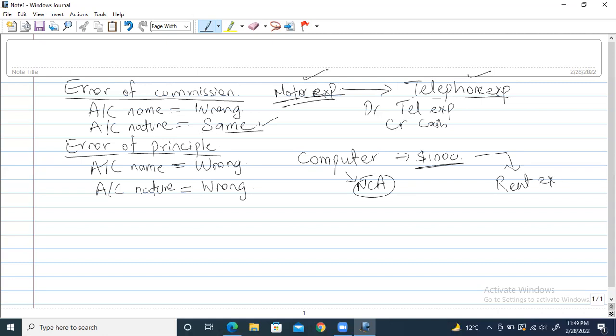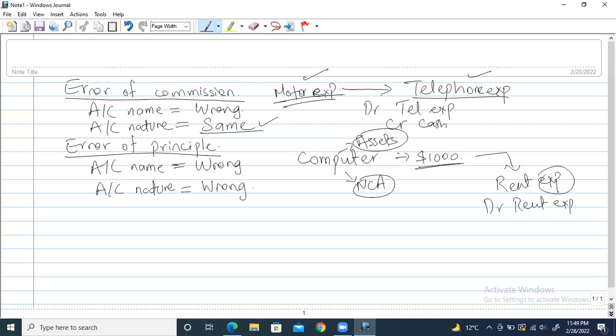Now you know that expenses and assets both have the same treatment: debit for increase, credit for decrease. So instead of debit computer, credit cash, my accountant actually did debit rent expense.